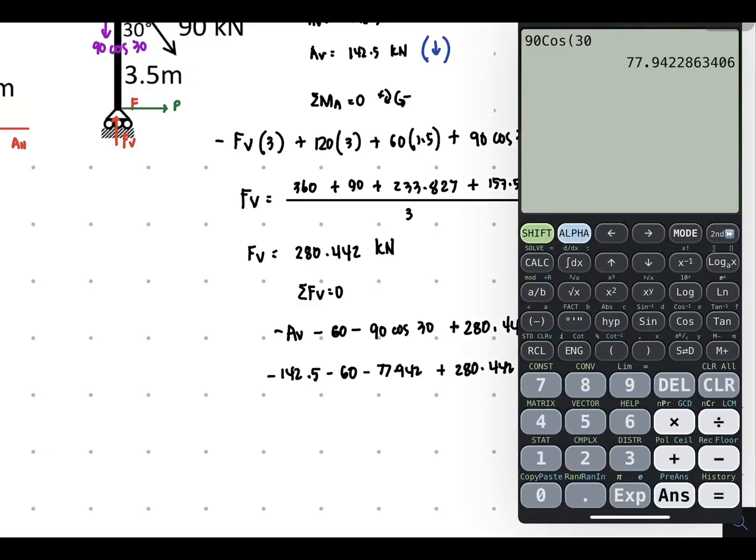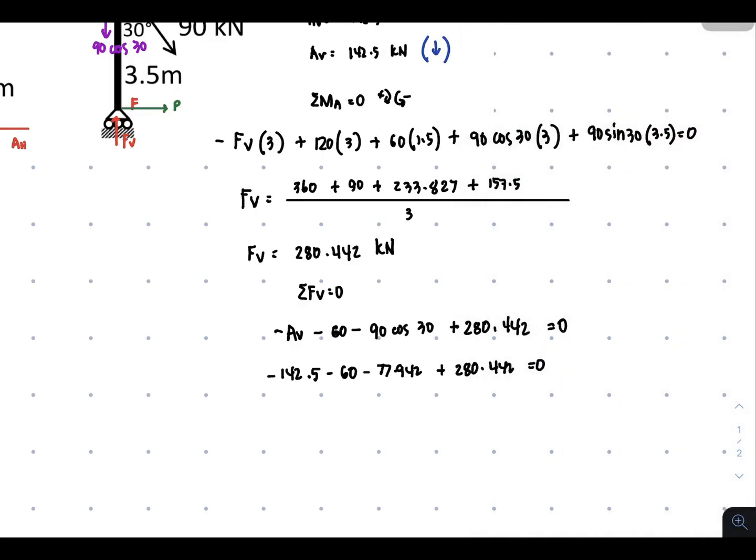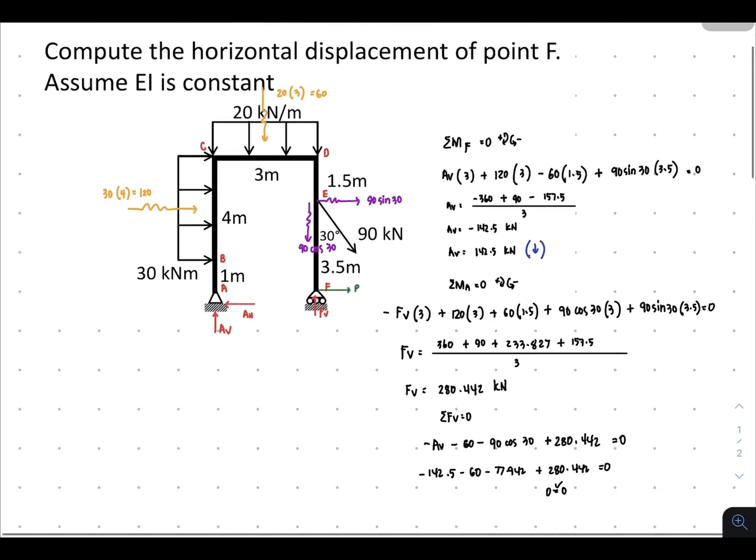So negative 142.5 minus 60 minus 77.942, no, not minus, plus 280.442. Okay, so we have validated that that's 0, so we got it correctly.